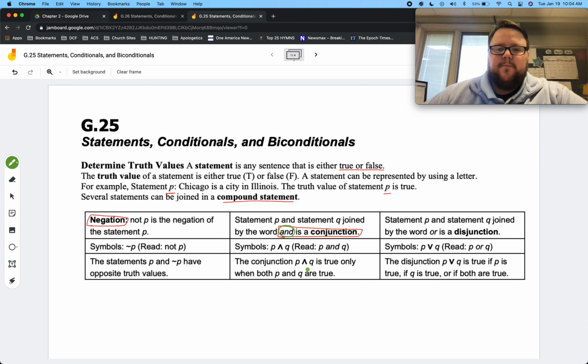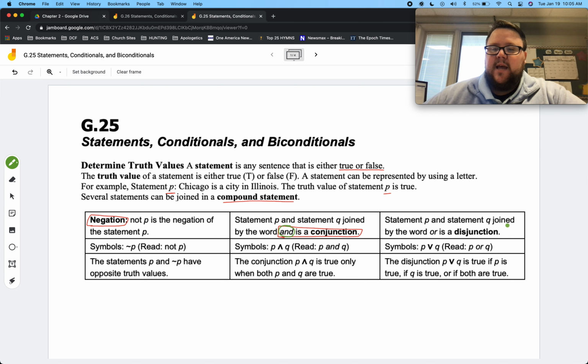The conjunction of P and Q is true only when both P and Q are true. So Mr. Chaz is wearing glasses and Mr. Chaz is wearing a blue shirt. The first one, P, Mr. Chaz is wearing glasses, is true. The second statement, Q, Mr. Chaz is wearing a blue shirt, is true. So P and Q are true.